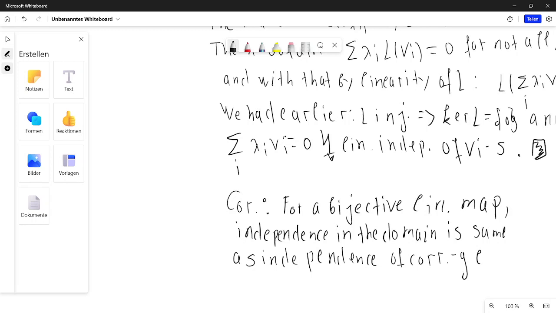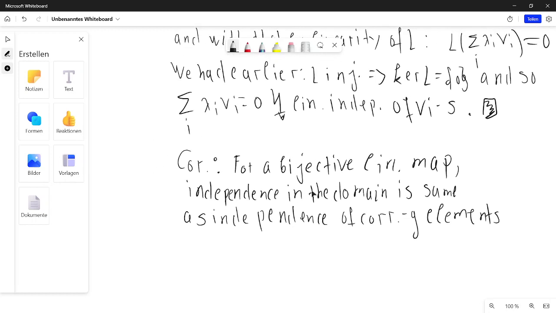Yes, clearly, because we are bijective. And because of that, we can also go in both directions in the sense of independence. It can't be that preimages are not there or they are not unique. We have exactly one-to-one correspondence.